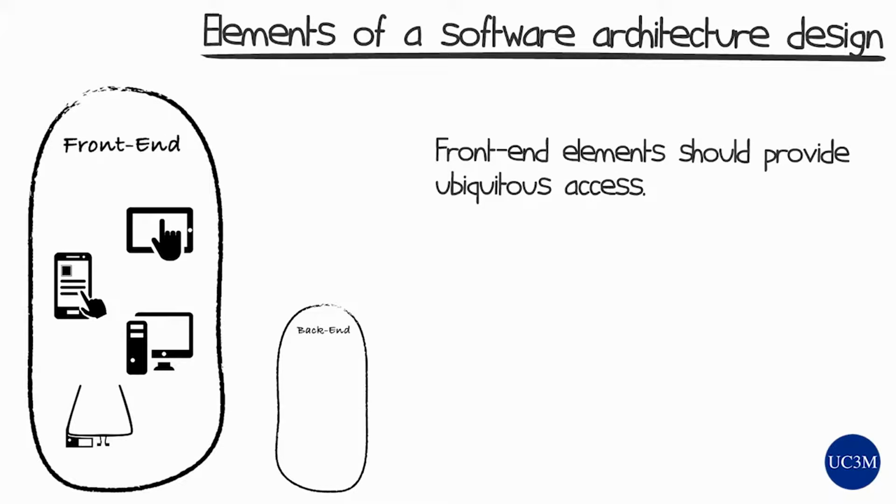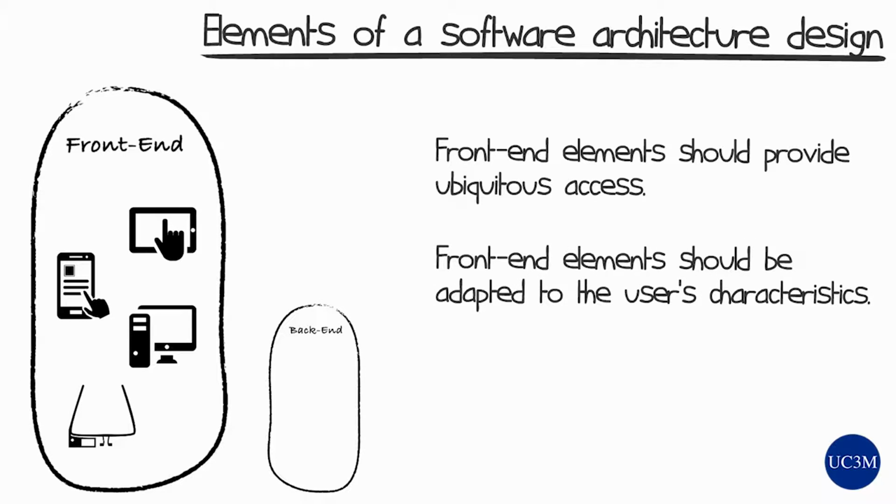Ubiquitous computing is a concept where information access is designed to appear anytime and everywhere using any device, any location, and any format. Front-end elements should be adapted to the user's devices and characteristics, providing specific features to address the user's personal attributes, such as the tasks to perform while they are using the system and their sensitive or cognitive characteristics.